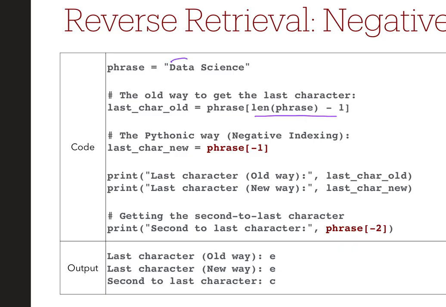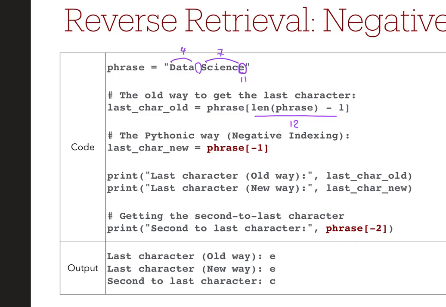Data consists of 4 letters, science consists of 7 letters, and there is a space. So length of a phrase will return 12, right? So that means this E at the end will have the positive index of 11.